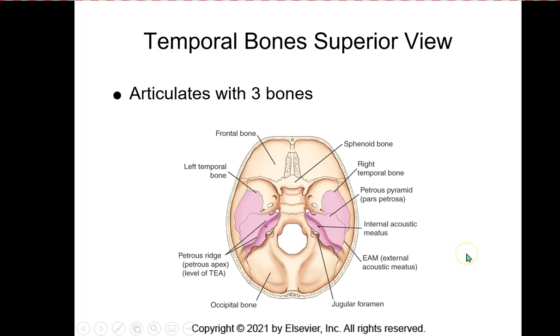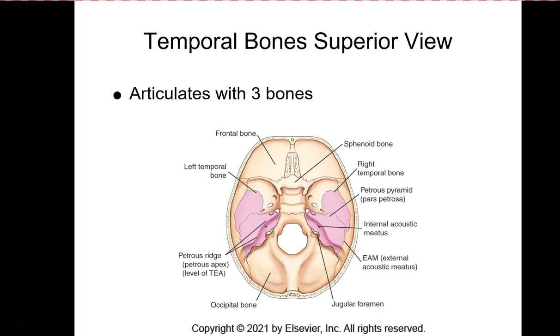And remember, the top of the pyramid is known as the ridge, okay? The petrous ridge corresponds to approximately the level of the TEA, or the top of the ear attachment. So where the top of our ear attaches to our skull, externally, that's approximately the level of the petrous ridges.